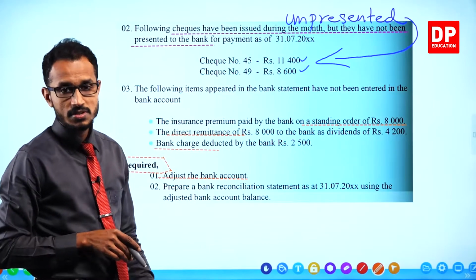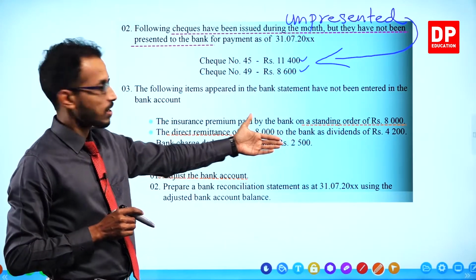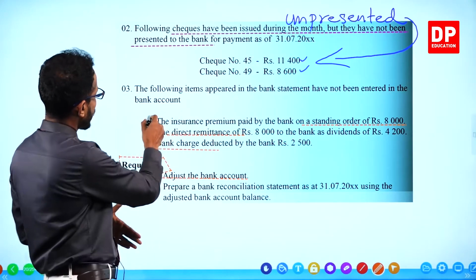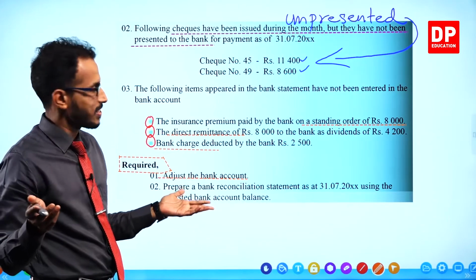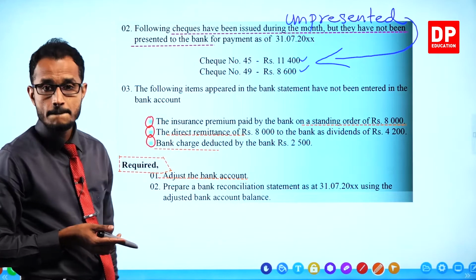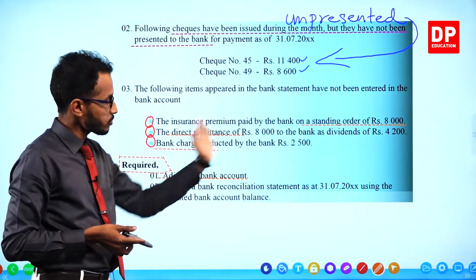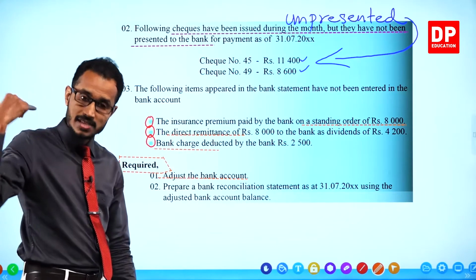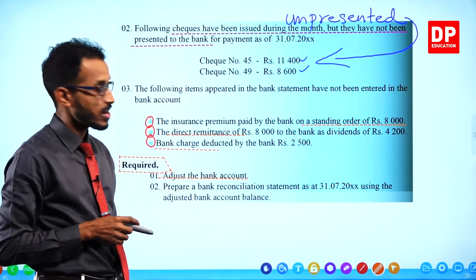These are the items we take to the adjusted bank account. These 3. 1, 2, 3. No need to say these things again and again. I explained why these things are taken. I showed you these items in the example exercise we did, right at the beginning also.